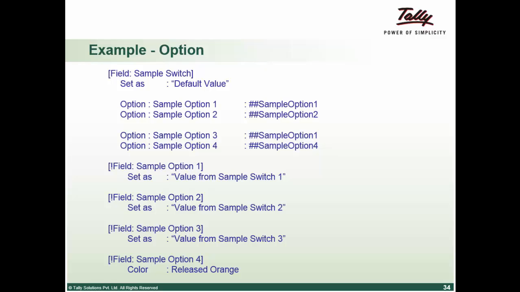In case of 2, the set as value from sample switch 2 will get executed. In case of the 4th condition getting satisfied, the set as will remain as default value, but the color of the text would be orange. So that's how the option case works.